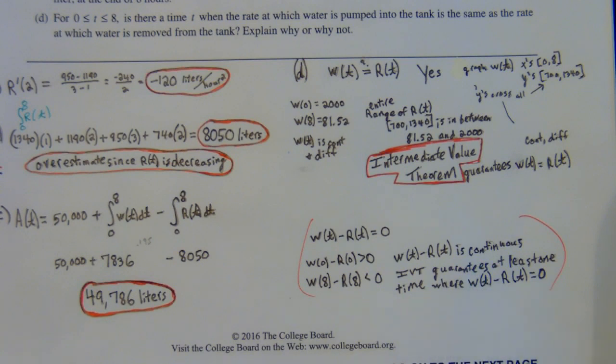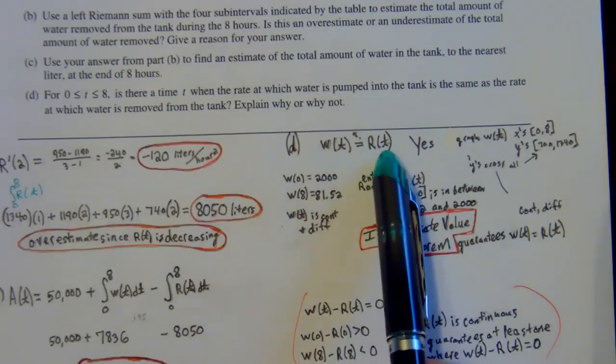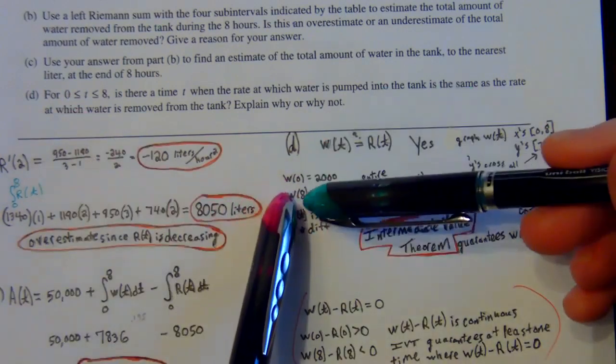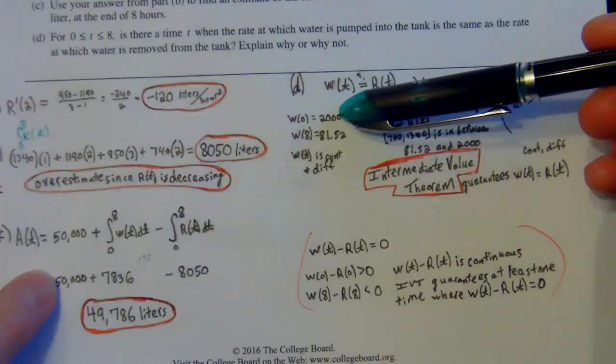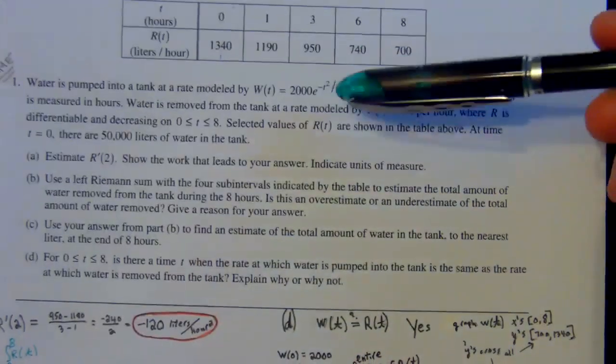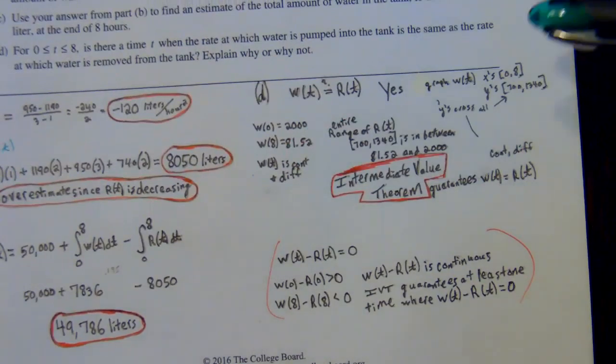Now, when I very first worked this out, which would have been just fine as well, I thought, okay, is W equal to R? I just took the endpoints and plugged 0 and 8 into the W function, and I got 81 and 2081.52. By looking at this equation, the e to the x graph is a continuous function. We don't have to lift the pen when we draw that. It's smooth and curvy, continuous and differentiable.